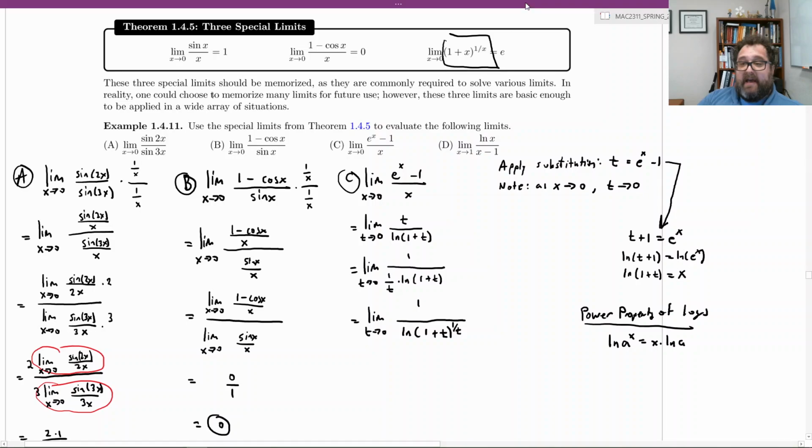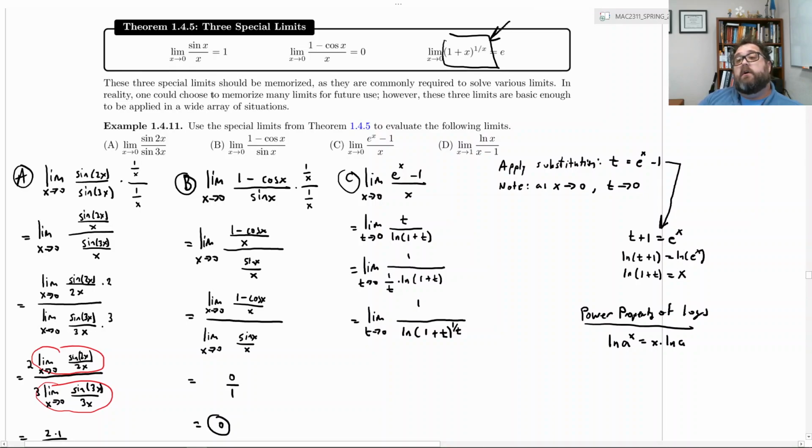Now, notice I have this form exactly. I have 1 plus the variable raised to the 1 over the variable power. And now I just need to apply the quotient property of limits to get the overall expression that I need.